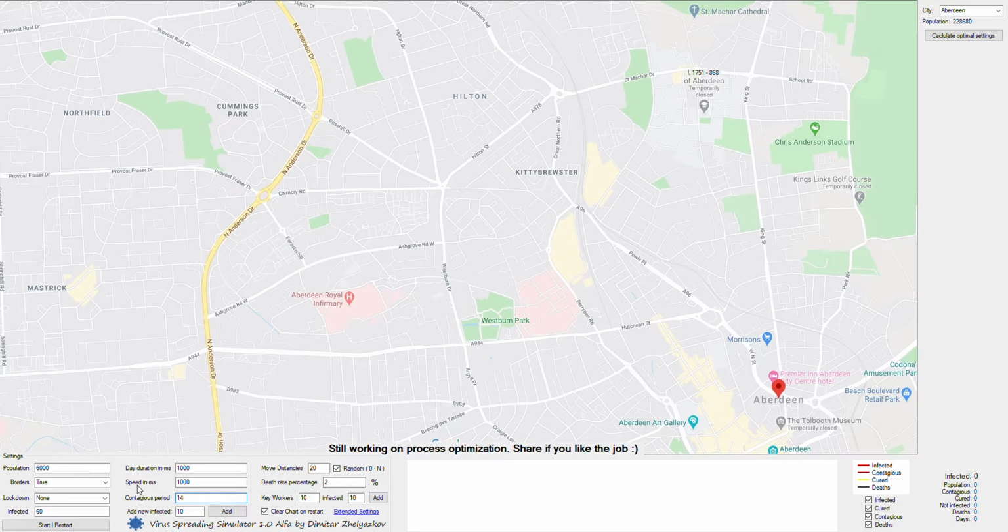They're saying 14 days is the contagious period, and that's the moving distance every person can move daily to a random location. On the map, this is a pixel, so they're going to move between 0 and 20 pixels every day to a random location and meet other people.